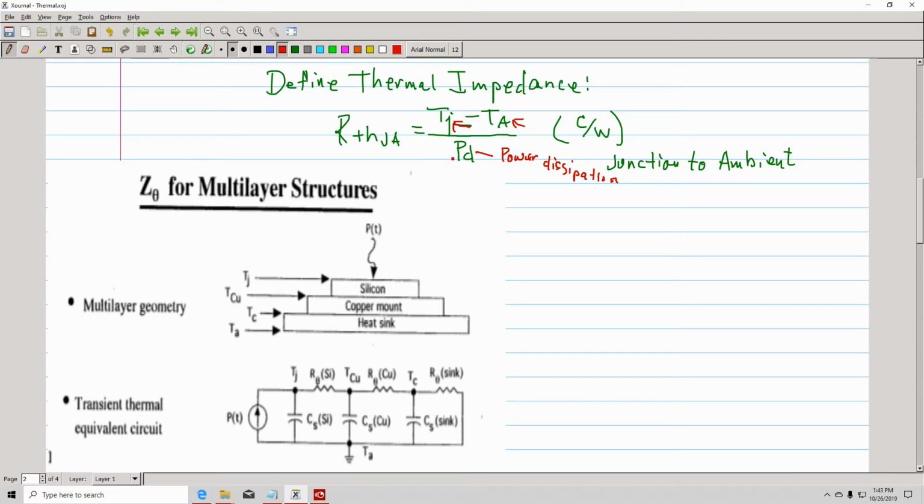This power is this power, we'll say PD, and remember PD is in watts. This is Celsius, so you have Celsius divided by watts.